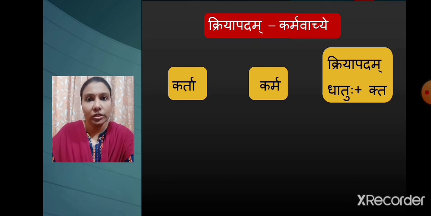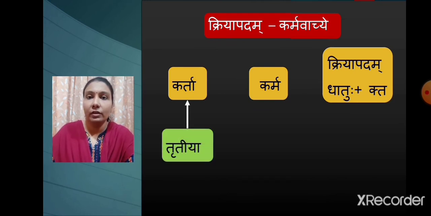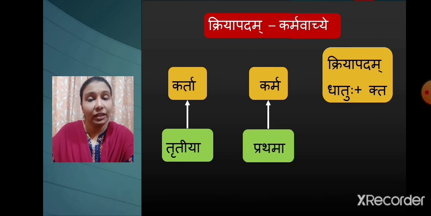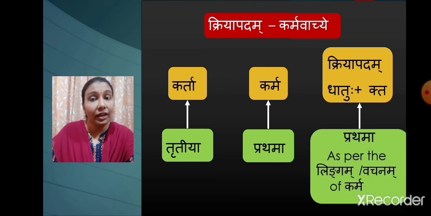In passive voice or karma vachyam, the karta, that is the subject of the sentence, is always used in tritiya vibhaktihi. The object is always used in prathama vibhaktihi, and the dhatuhu plus kta pratyay form, which we are going to use in place of kriyapadam, is also used in prathama, as per the lingam and vachanam of the object.